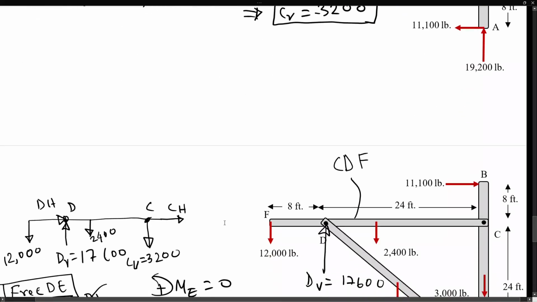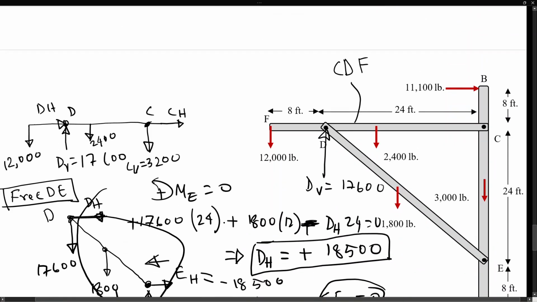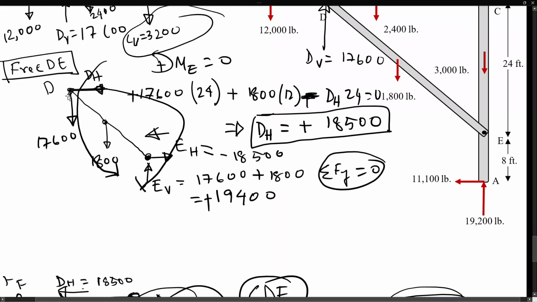Now, before you free the next member, I suggest you redraw the member you freed with the appropriate force direction, because sometimes the force direction would be the opposite, like this one. And then you free the other member and draw the free body diagram.